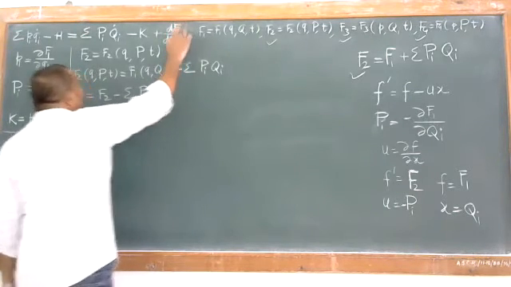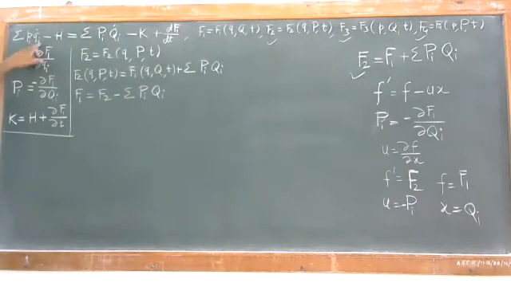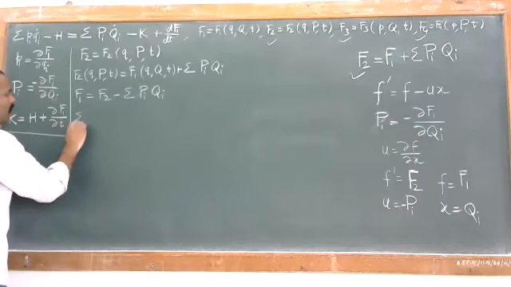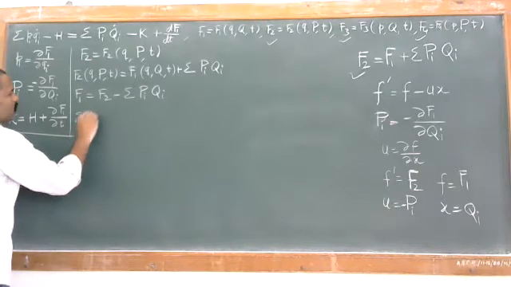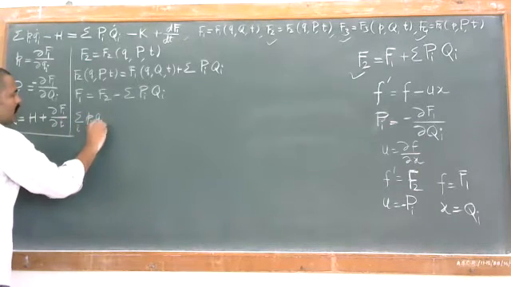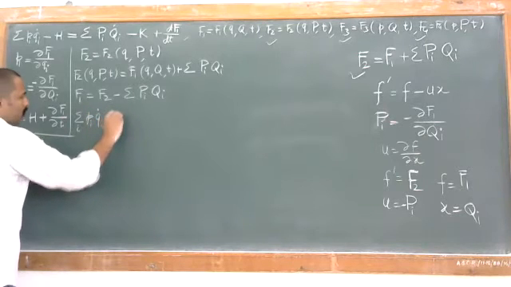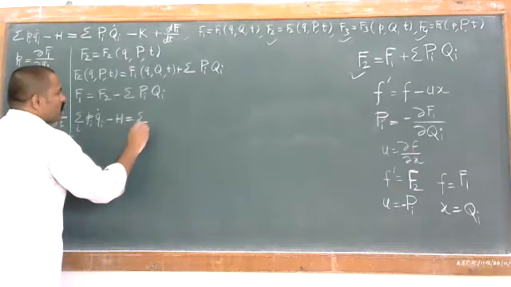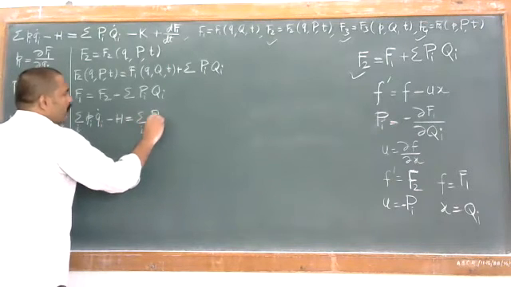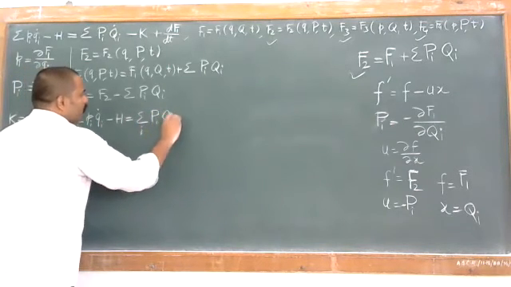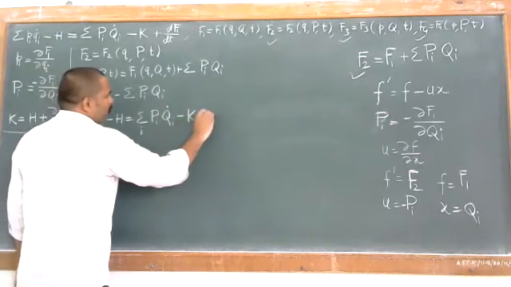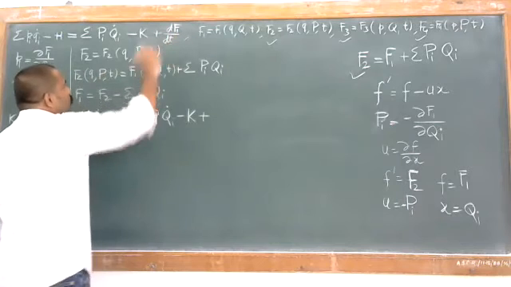So I'll write that that is summation over pi qi dot, and this I have it here, summation over I, then this small pi into this qi dot minus h, which is equal to this summation over I capital pi into this capital qi dot minus k plus this df1 by dt.